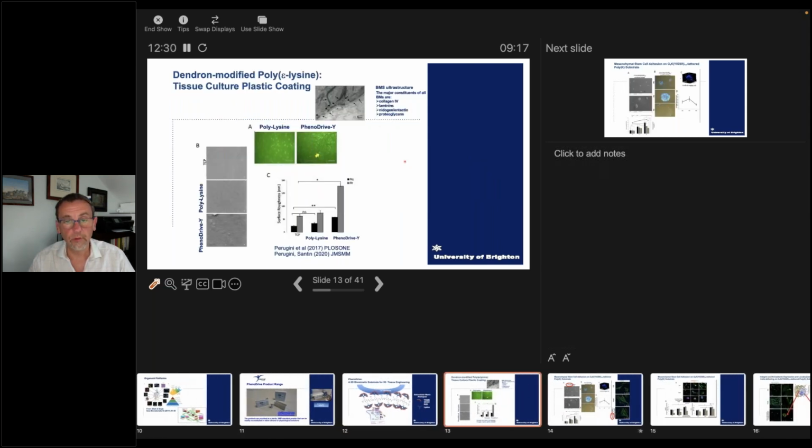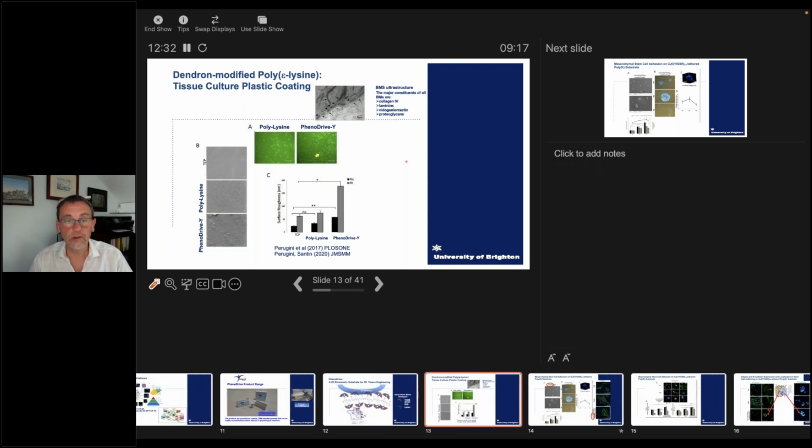Now, if you look at PhenoDrive from a physicochemical characterization point of view, remind ourselves of what I said before about the basement membrane, where collagen type 4 has a mesh-like structure, and laminins are able to present those bioligands we have discussed so far.